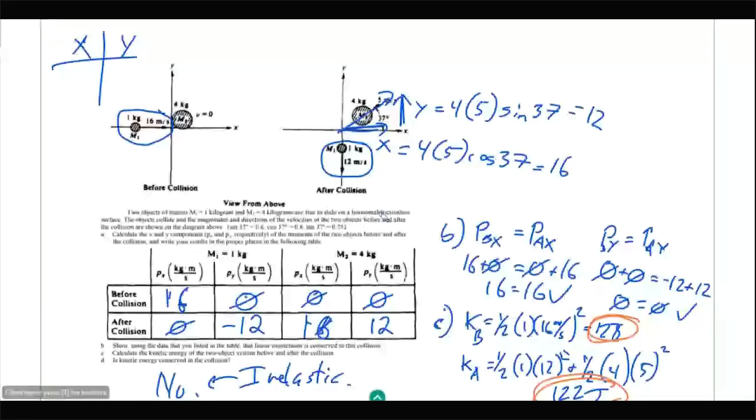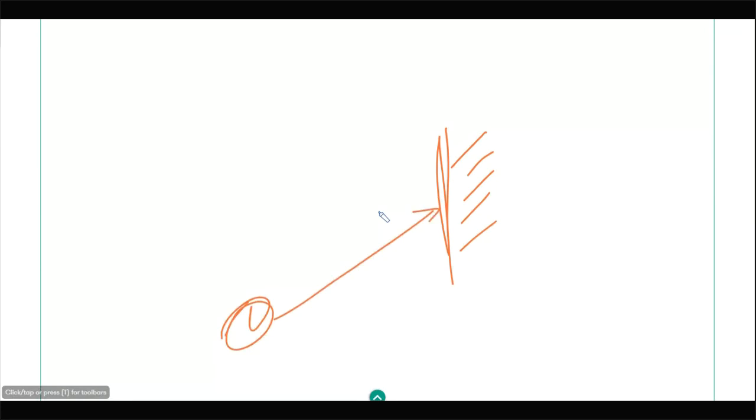Okay, so what if we had a ball that bounced off a wall at an angle and it asked for the change in momentum? Okay, let's do one. Let's make a new one here. So I'm going to have my wall. We've got a ball. It's coming in and it's bouncing off. And it hits at some angle. Let's call it theta.